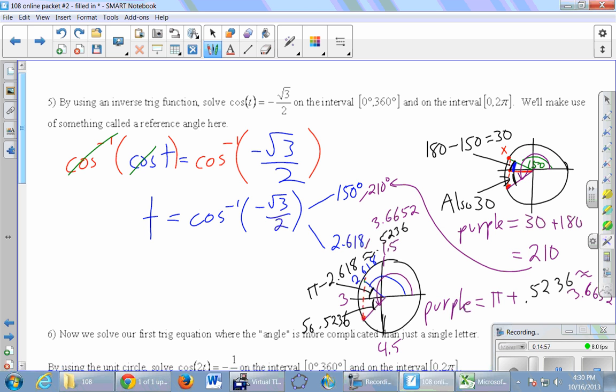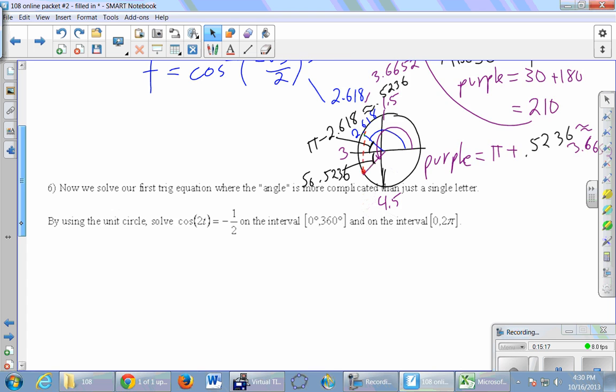And so that right there was the reference angle. If you started with purple, then the quickest way to get to the x-axis is not to continue, but rather go back the way you came. So that would be the reference angle. And you can look in your book for what the reference angle is when the angle's in the fourth quadrant or in the first quadrant. So read a little bit more about that.